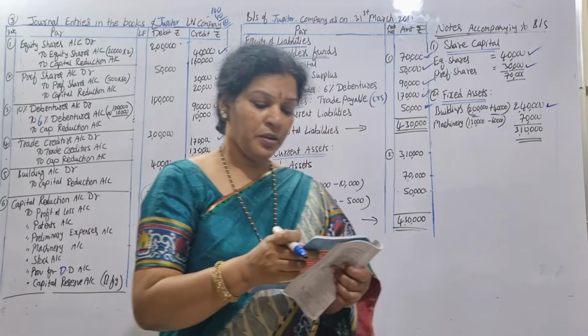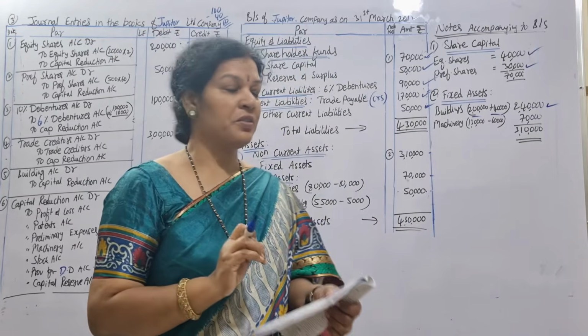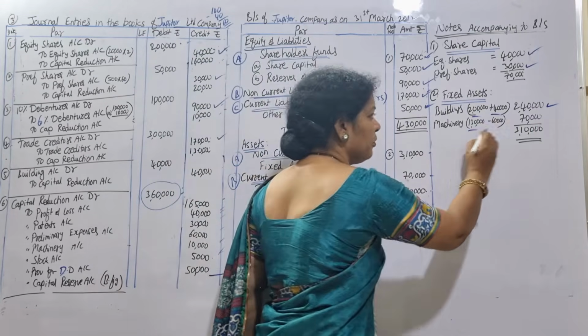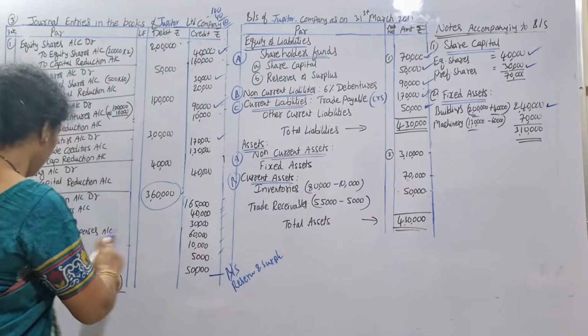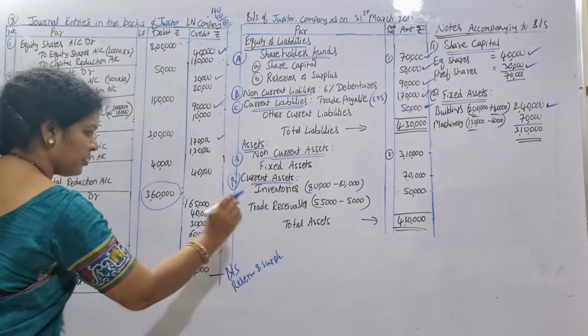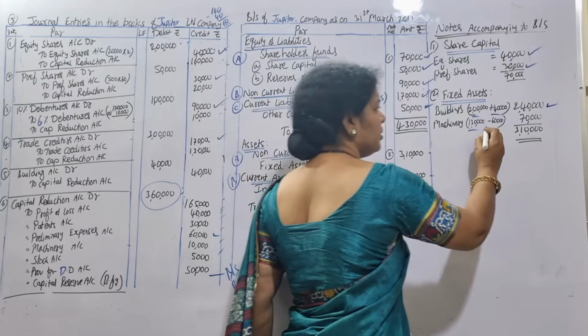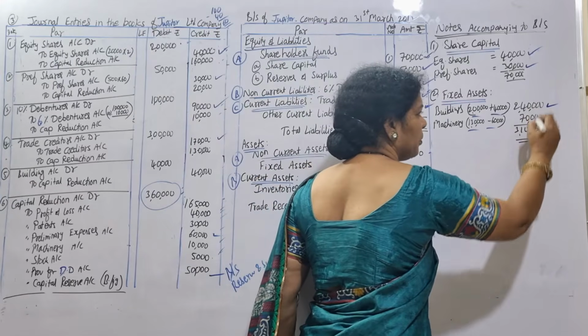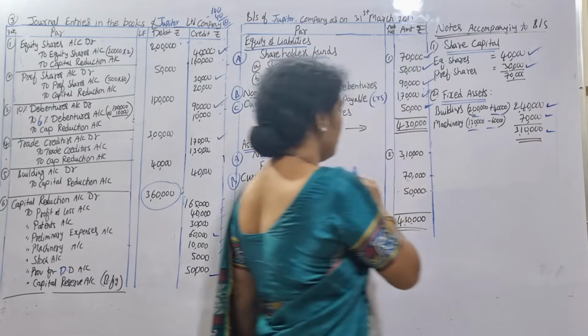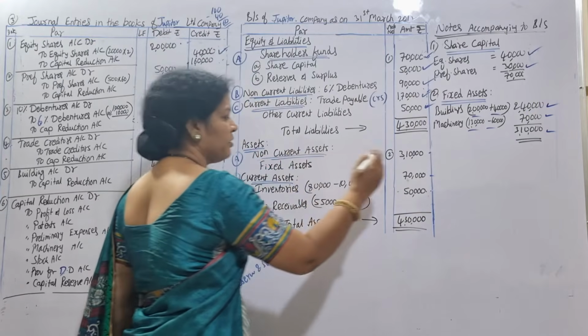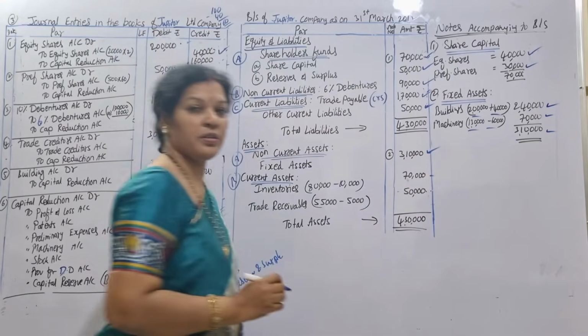Machinery was 1,30,000, but there is a depreciation. 1,30,000 minus depreciation, which here is 60,000, so the deduction brings it to 70,000. Total it is 3,10,000. We show 3,10,000 as fixed assets.